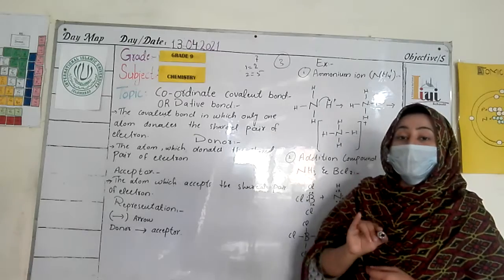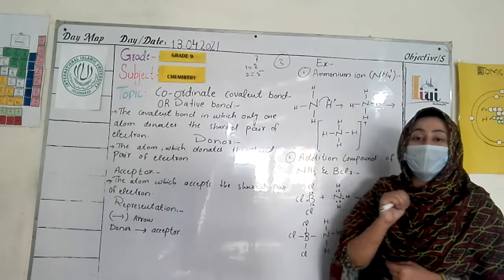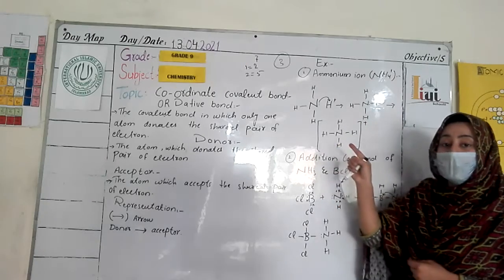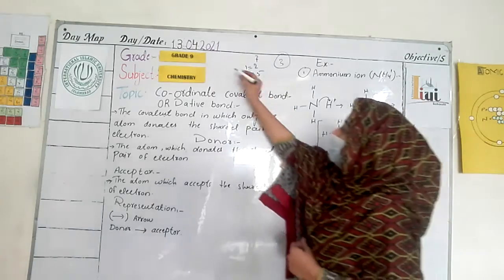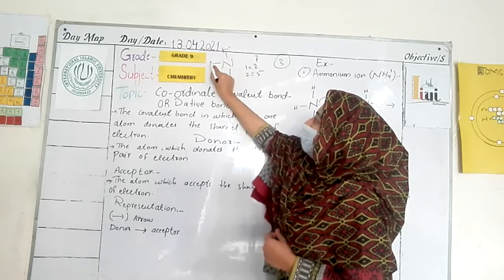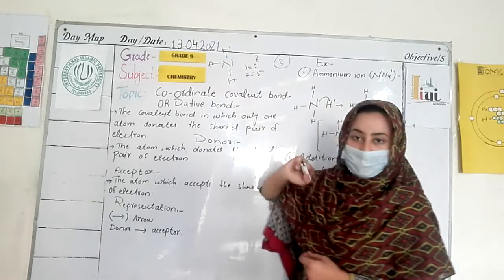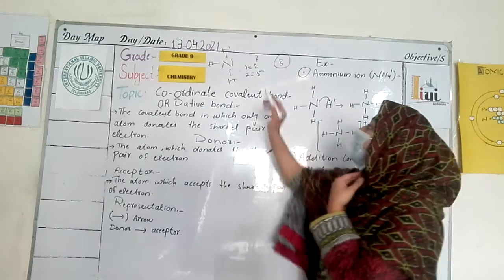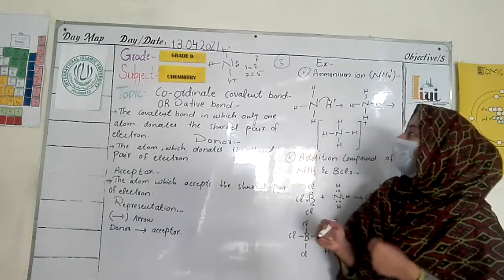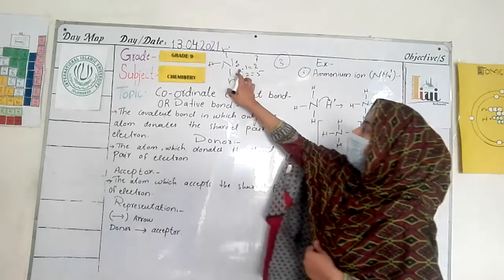So ammonia can make 3 bonds with hydrogen atoms. But in the case of the ammonium ion, what will happen? Nitrogen also makes 3 bonds with hydrogen atoms to complete its octet, but it has 1 lone pair.